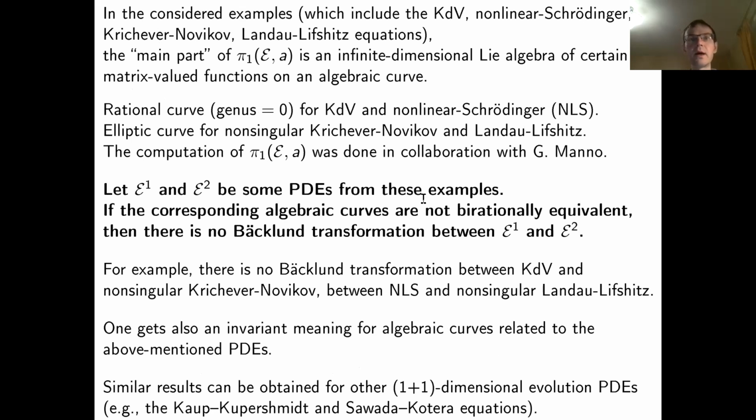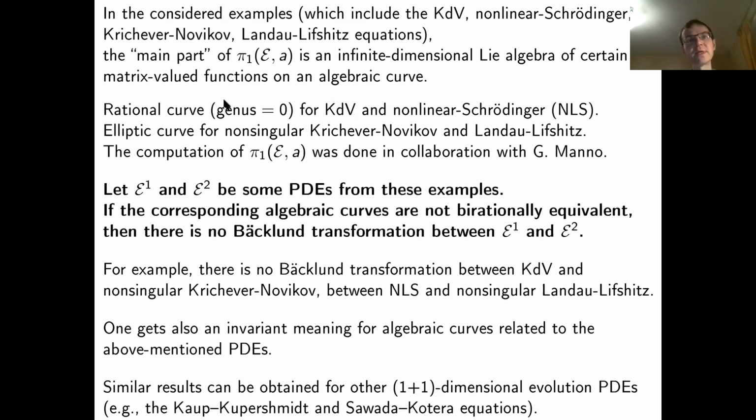Now, I would like to say a few words on the structure of those algebras in the computed examples. Together with Gianni Manna, we have considered a list of equations which include some well-known 1+1 dimensional PDEs, such as KdV, nonlinear Schrödinger, Novikov, and Landau-Lifshitz.